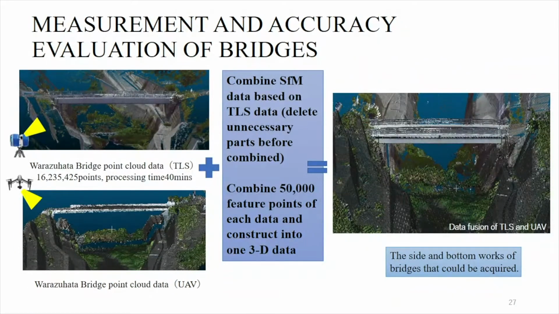Combine SFM based on the TLS data and delete unnecessary parts before combining. And combine the 50,000 feature points of each data and construct them into one 3D data. And as you can see, the upside and bottom parts of the bridge could be accurate.